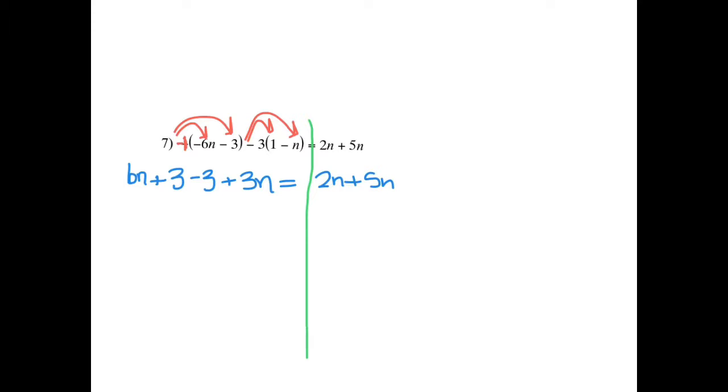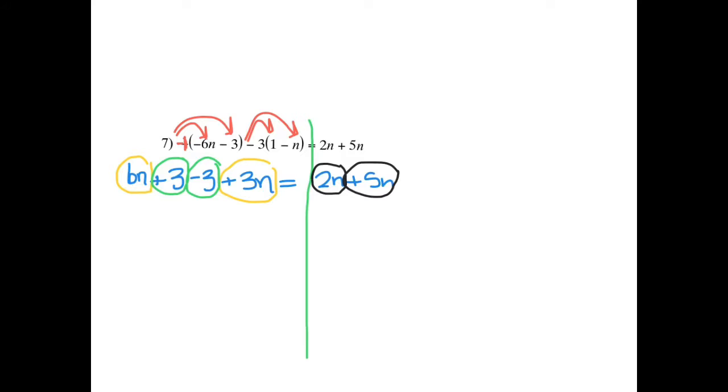Now I'm going to circle the items that I can combine. I can combine like terms here, here, and here.